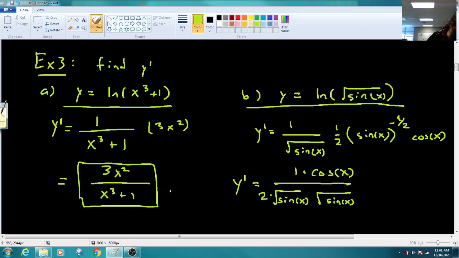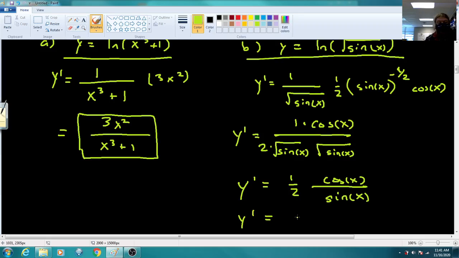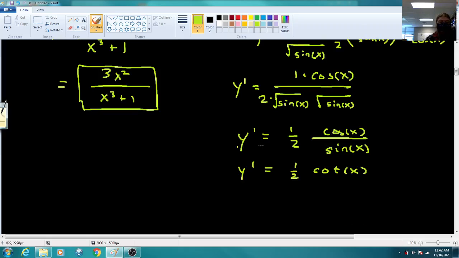So if we work on simplifying that down, we get 1/2 cosine of x. Square root of sine times square root of sine is square root of sine squared, which the square cancels the square root, so this is just over sine. And then cosine over sine is cotangent. So my derivative eventually simplifies down to this.